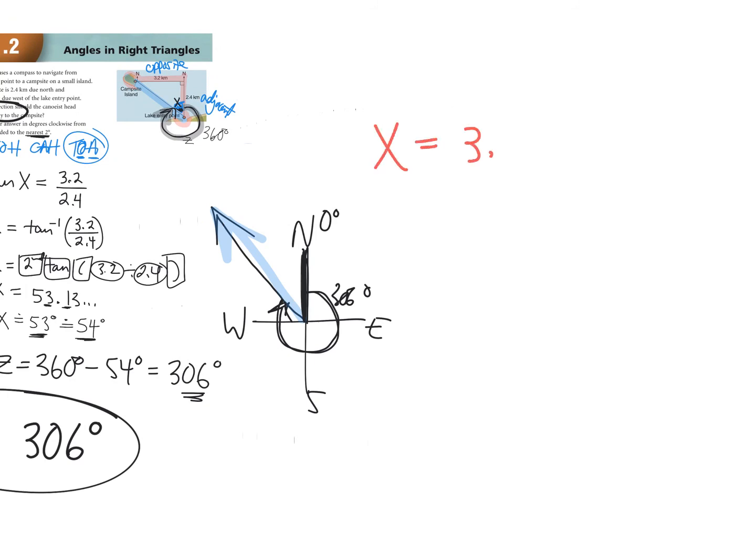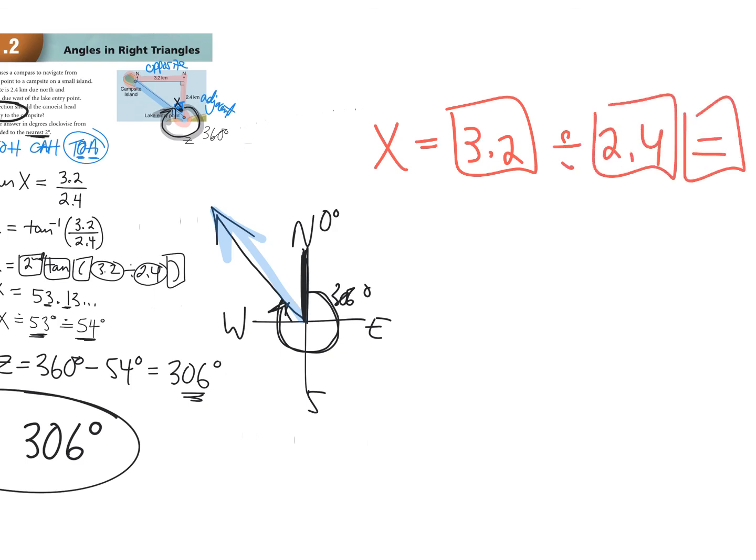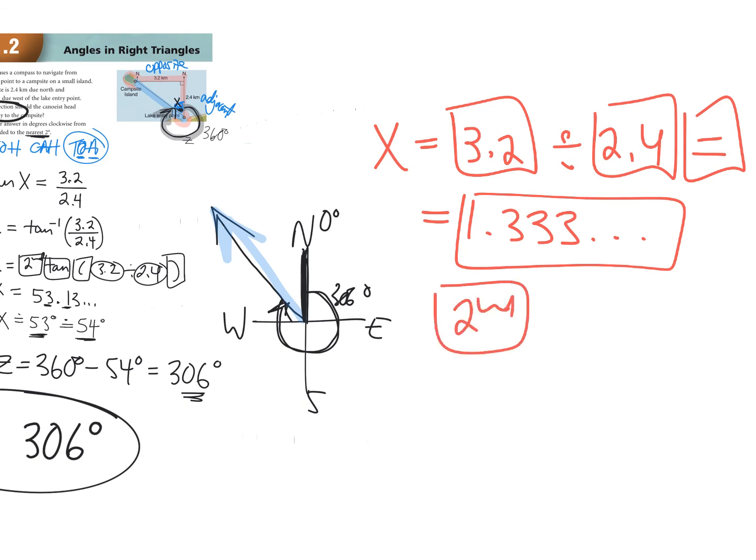You would type in 3.2 divided by 2.4, press equals, and on your screen you're going to see 1.333 repeating. Leave this answer on your screen. Then you press second tan, followed by equals.